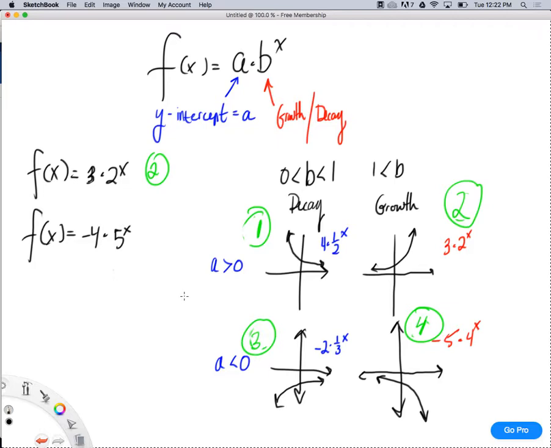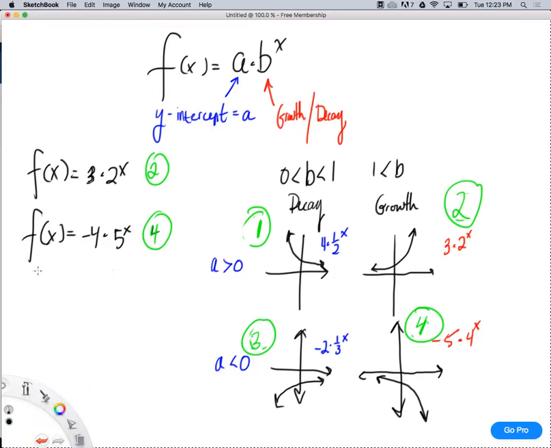It's negative, so I know it's going to be facing downwards. If it's positive, it's positive. If it's negative, it's negative. Does that make sense? The only question is if it's growth or decay. Well, this is positive, more than 1, so it's growth. It's growing more negative, so it's going to look like number 4.